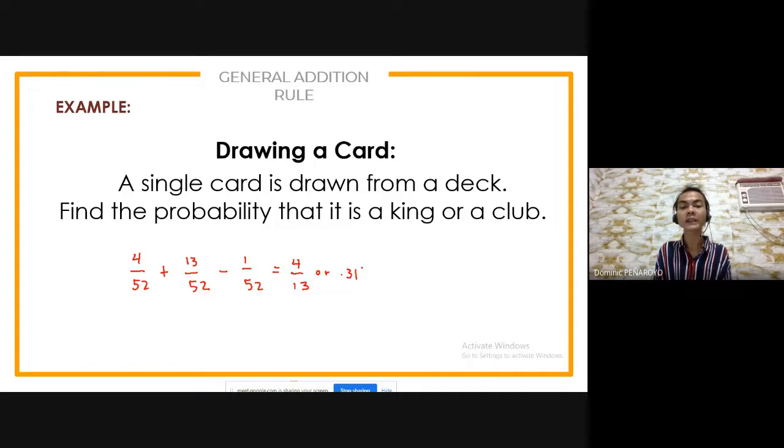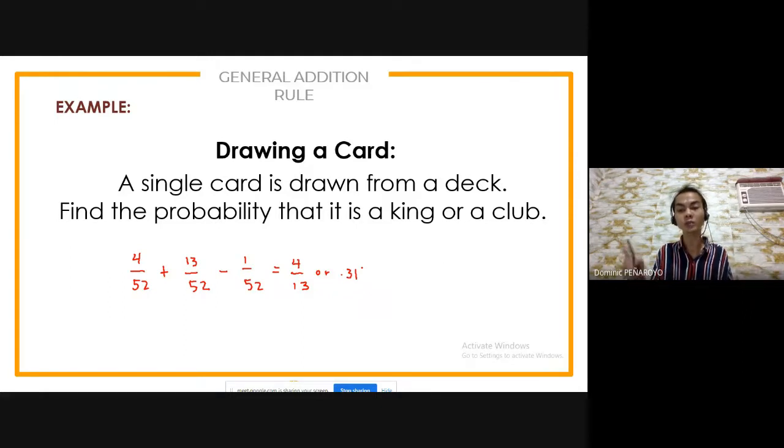So, again, class, please take note. According to our property, since we are talking about probability here, your answer must not exceed 1 and it should not be negative. Kasi according to our probability, the probability of an event to occur is between 0 to 1, wherein you can have 0 and you can have also 1.